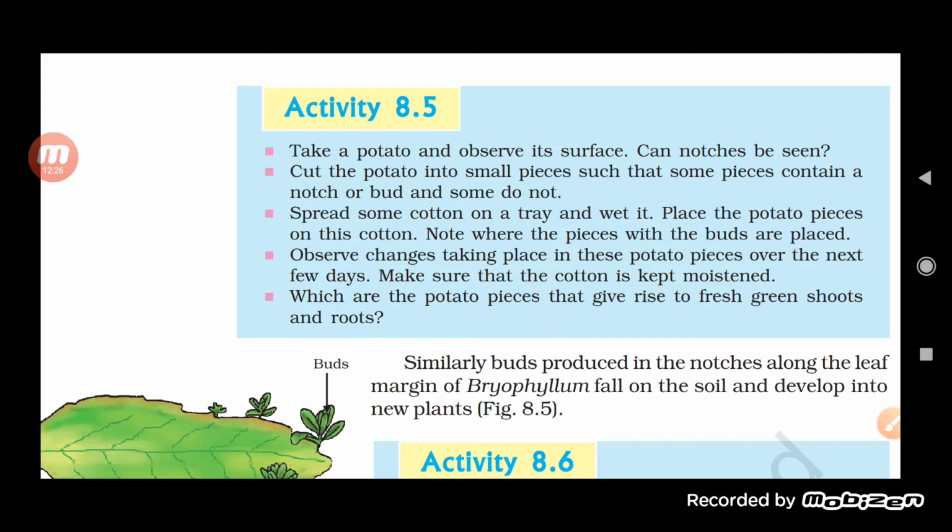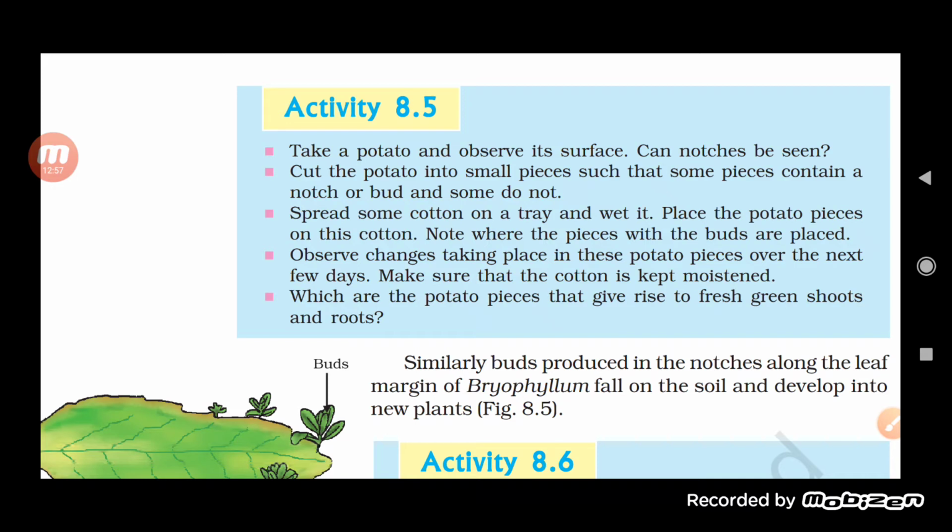Similarly, we have taken a few potatoes, which have notches. Now we are going to cut the potato into small pieces, and we will cut it in such a way that some of the pieces contain notches and the others do not. Actually, this notch is also called a bud. So some of them contain the bud and others do not.